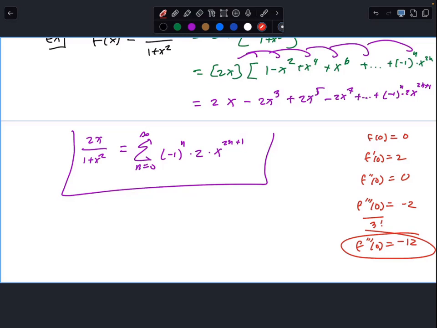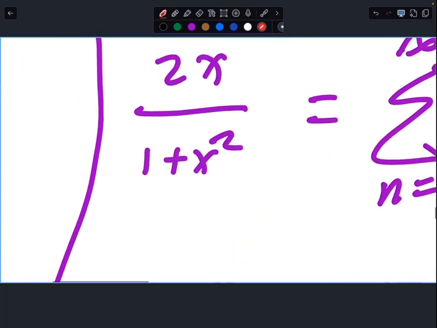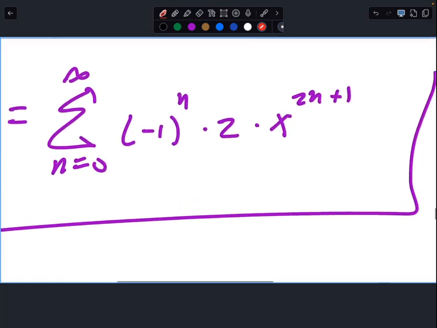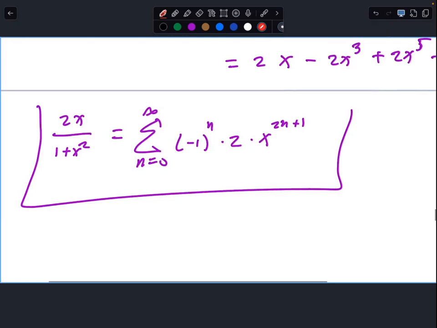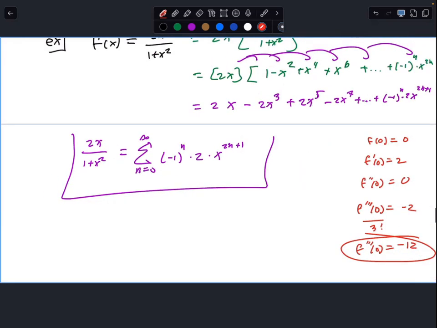What we found out is that now we can work with this. If you have this ugly function here, you can understand that the properties are going to be the same as this right here. Questions to that? Okay.